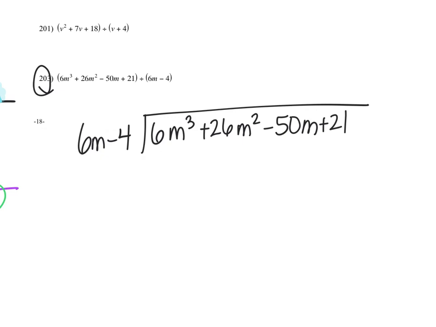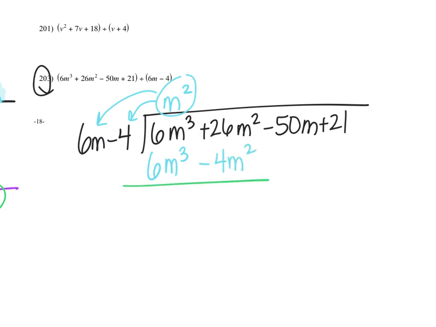Now you have to figure out what 6m times something is going to equal 6m cubed. The only thing you're missing is m squared. So when I multiply this by 6m, I get 6m cubed, and when I multiply it by -4, I get -4m squared.